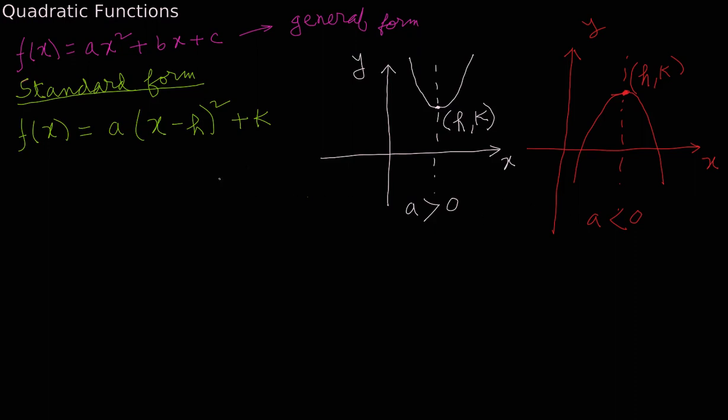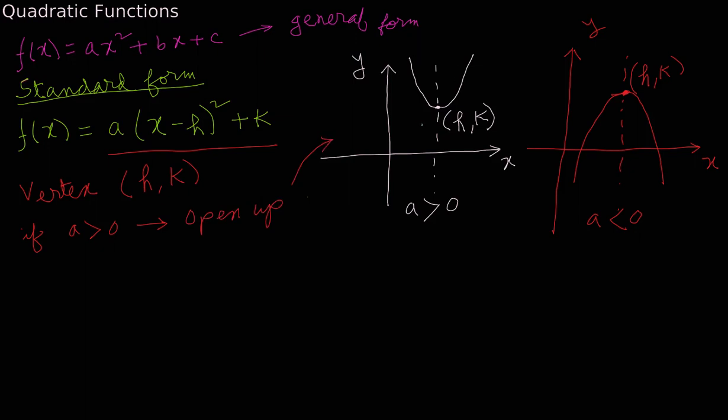So let me write down these two conclusions. For the standard form a(x − h)² + k, the vertex of this parabola is at the point (h, k), and if a is greater than 0, then the parabola opens up, as in here.